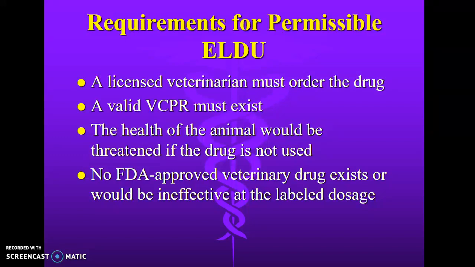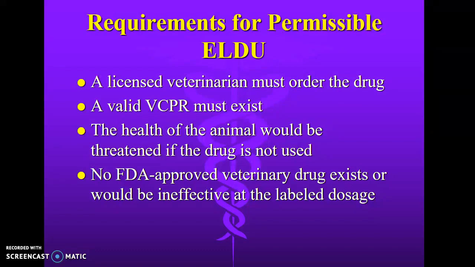In the past, there has been use of drugs by food animal producers to increase the weight gain of food animals, and that's been done with the use of antibiotics, and that is no longer a permissible use of a drug extra labelly.